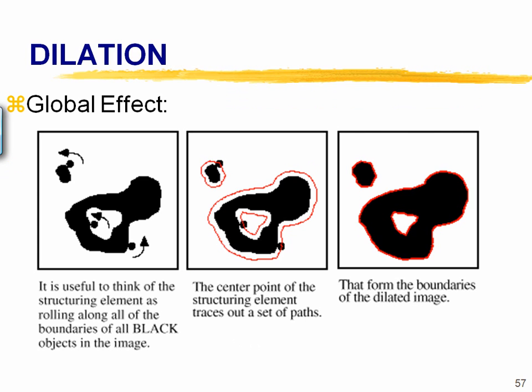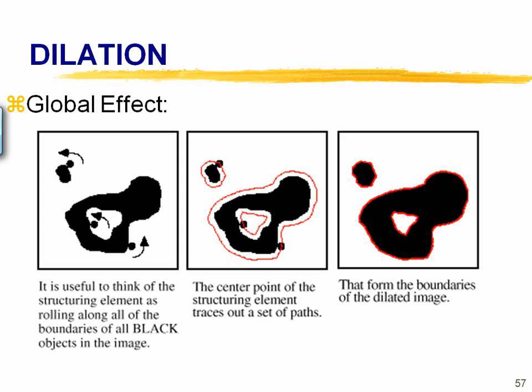So if you were to think of the global effect of a dilation operation, the easiest way to conceptualize this is to take a black region and think of a rolling ball that sits at the boundary of your black region, except the rolling ball sits on the white side, the background side of the object.